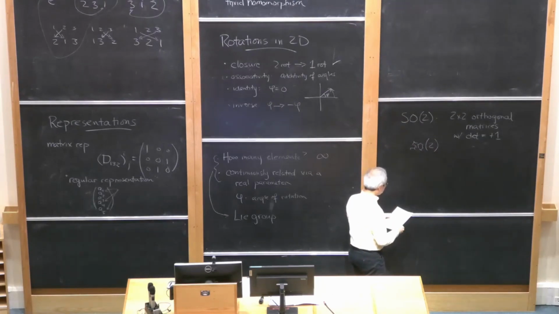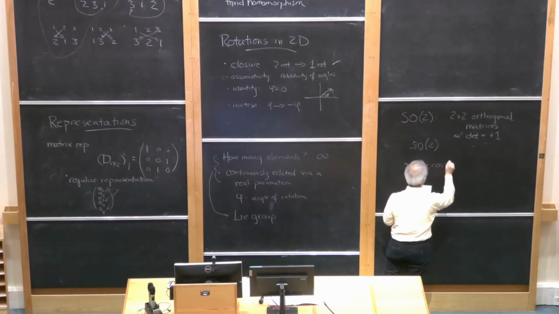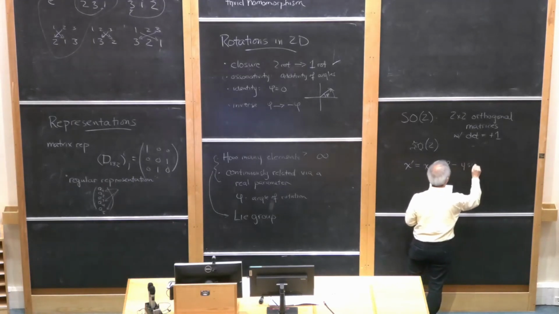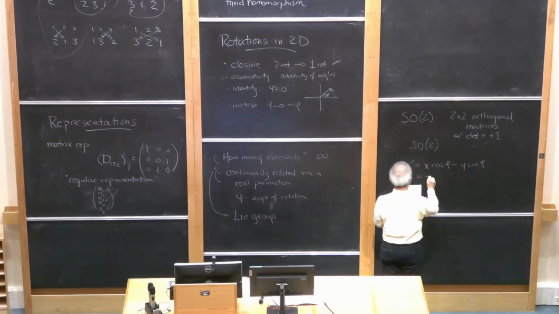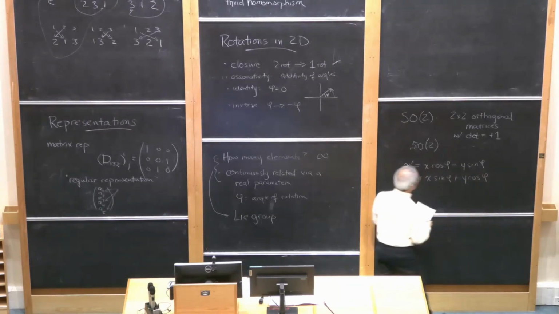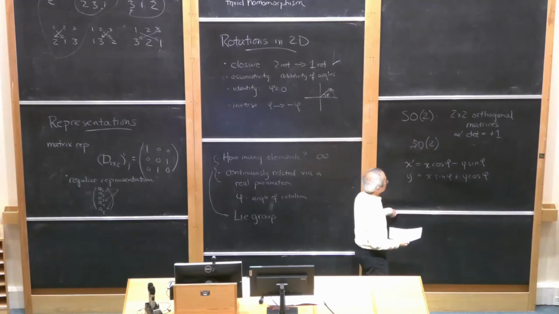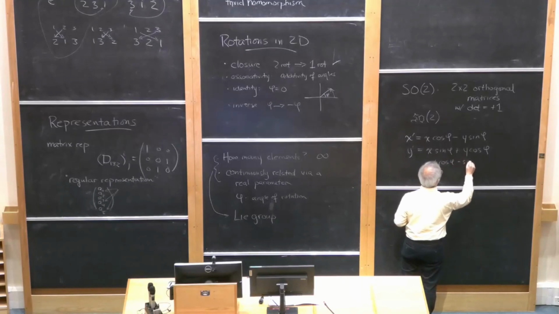Okay, going on. So we talked about the rotation. Of course, the rotation has a particular form, which we can write down. x prime is x cosine phi minus y sine phi. y prime would be x sine phi plus y cosine phi, which, of course, readily admits a matrix representation.